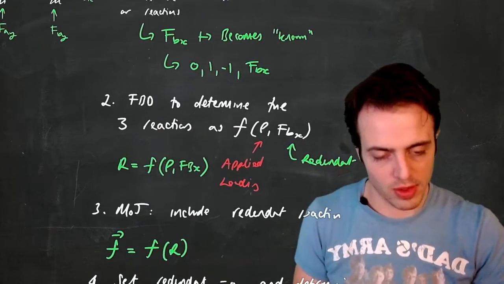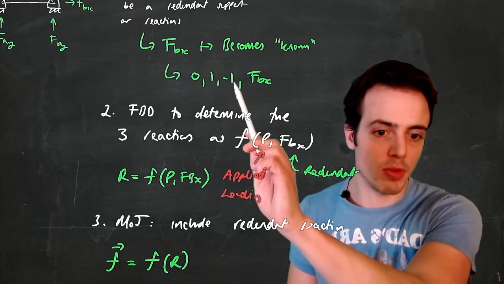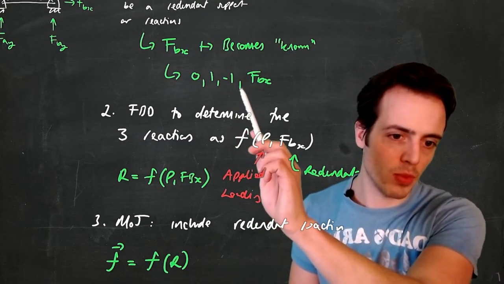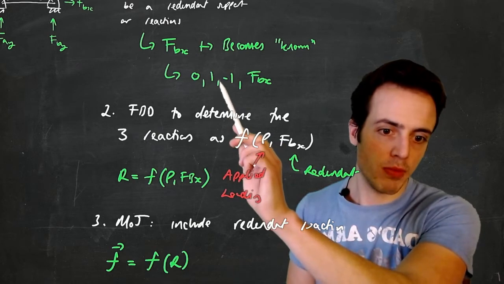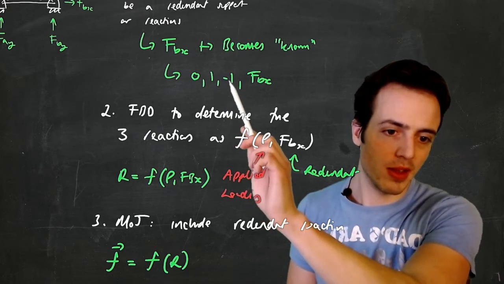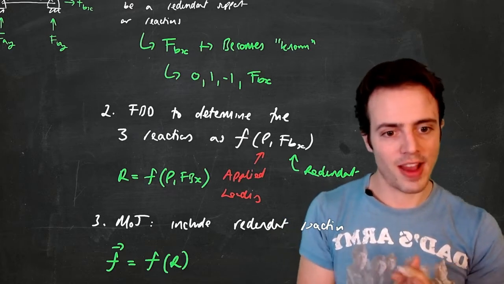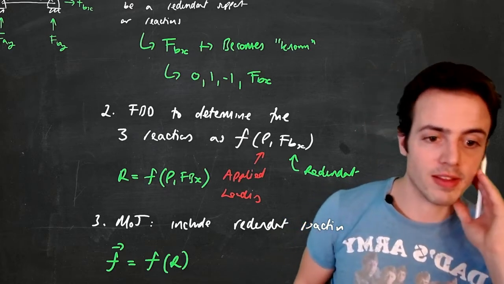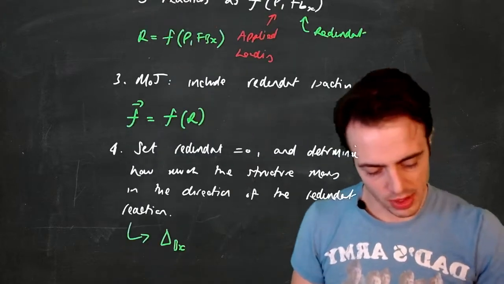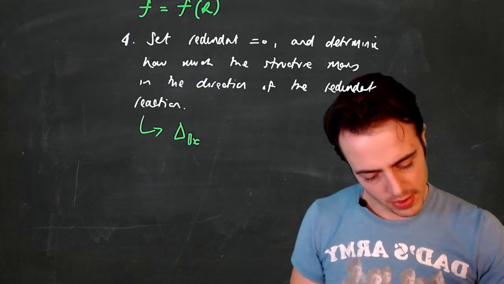So this bit here is just a good way to think about the structure. You can apply a -1 if you want. If we apply a 1, as long as we take care of the sign of the next deflection we're going to determine, then everything comes out in the wash and everything's fine. So we get delta Bx.